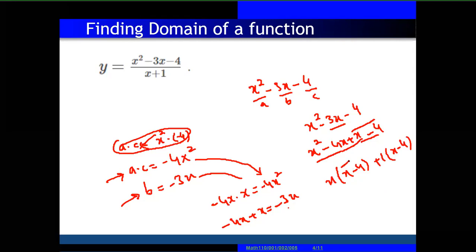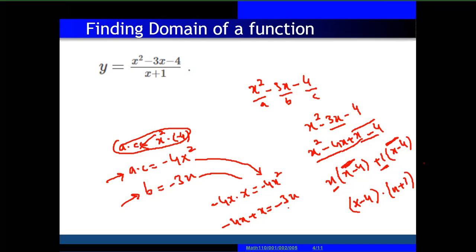Again, we have x minus 4, x minus 4. In every factorization, these two brackets must be the same. If these are not the same, then your factorization is wrong. So take x minus 4 common, and we are left with x plus 1. So write down x plus 1.